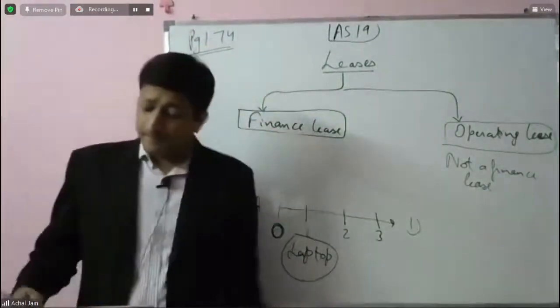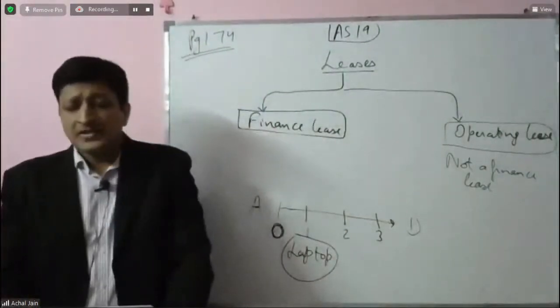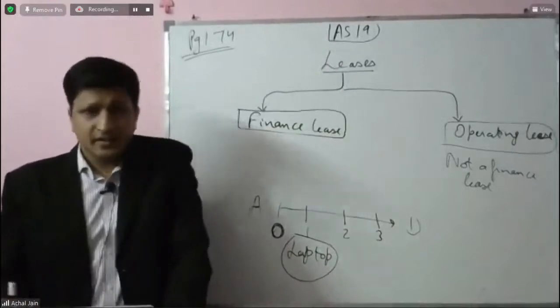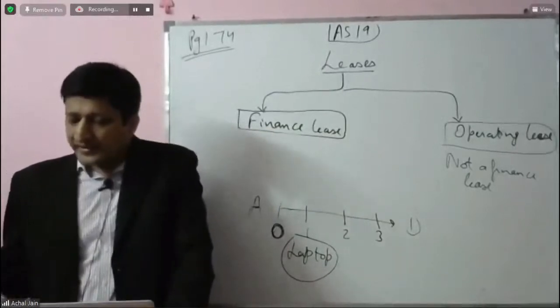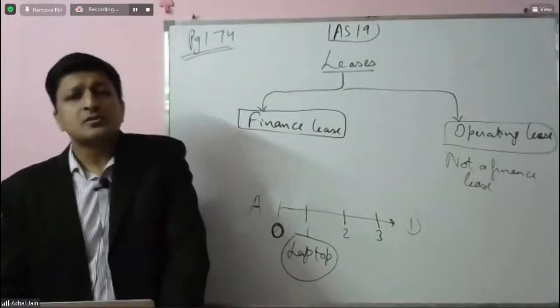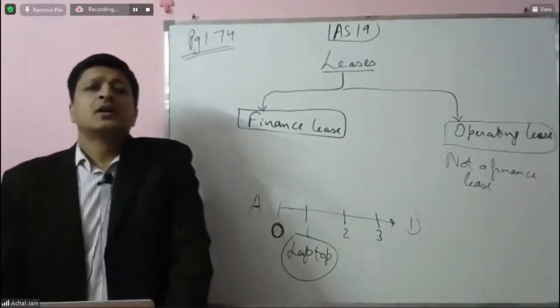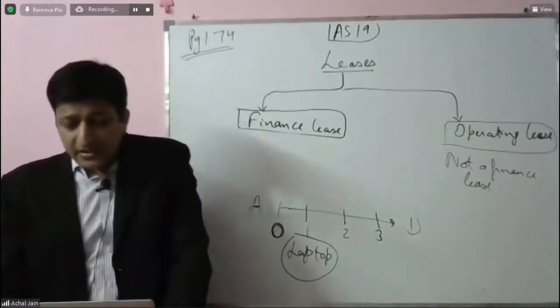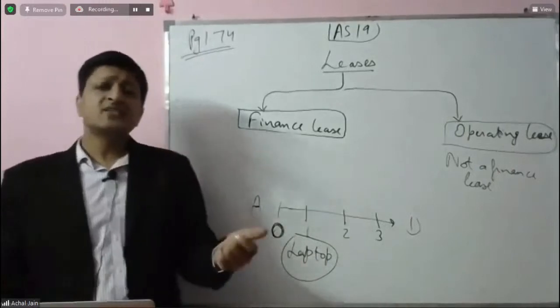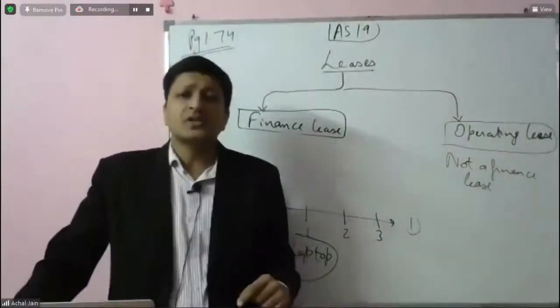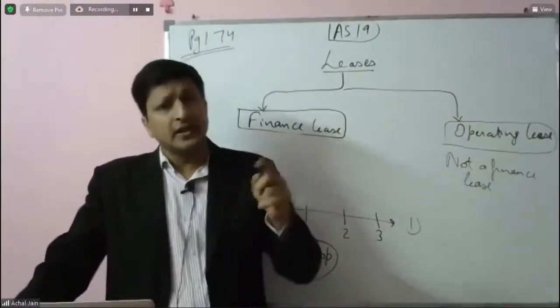After this, the standard gives you 3 more indicators. I'll just quickly read out because they would also be in line with the concepts we have discussed. Let's suppose if the lease is cancelled before the term, who will bear the loss? Lessee.